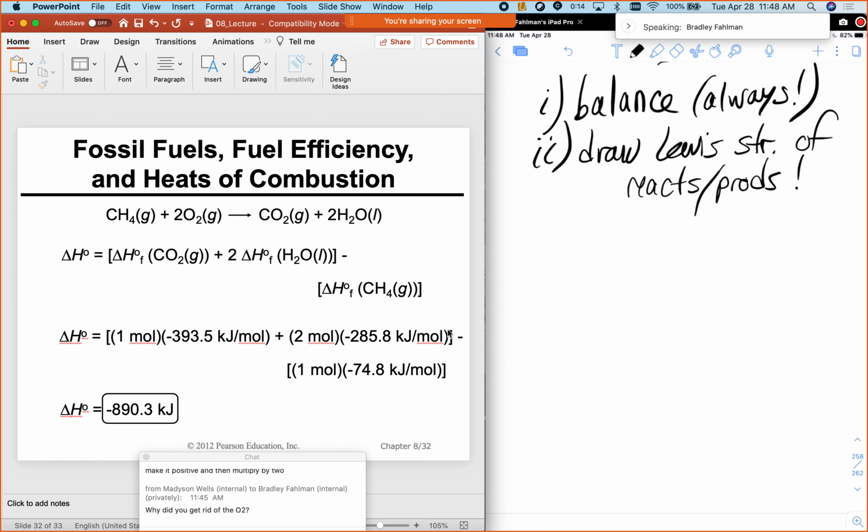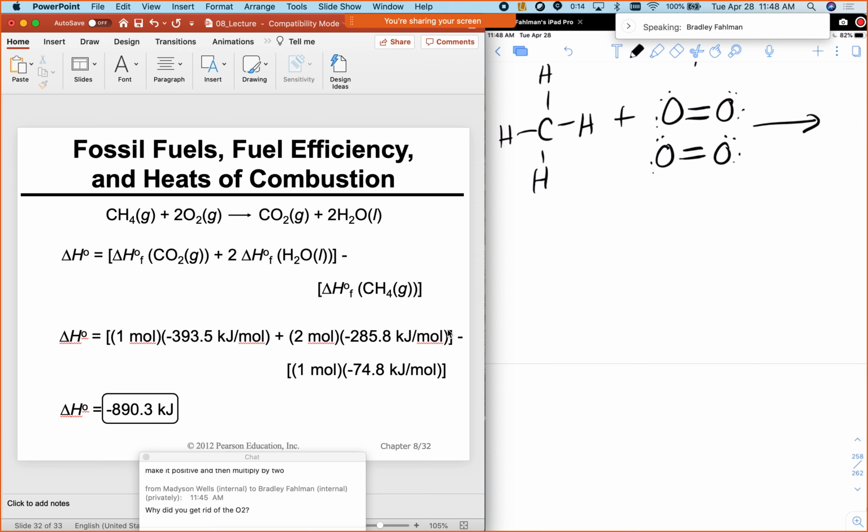So for this one, I would draw it like this, plus 2 oxygens, so let's put in 2 of them. You don't have to put all the dots. Then CO2, remember, has this Lewis structure, and water has this.